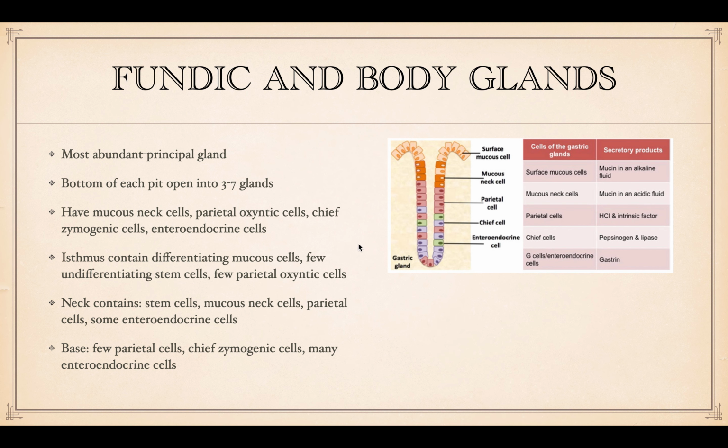So the isthmus will have a mix of cells in different stages, and then the neck will have a bunch of stem cells, parietal cells, some endocrine cells, while the base has the many enteroendocrine cells, along with the stem cells to replace all of these. So here you go, the secretory products and the gastric glands.